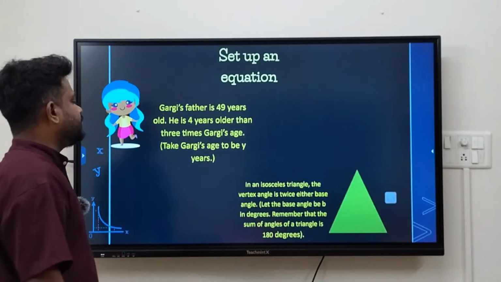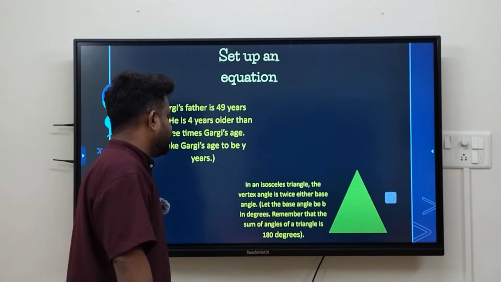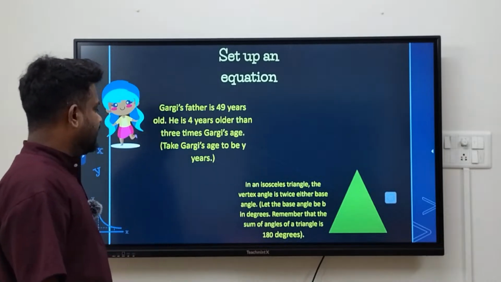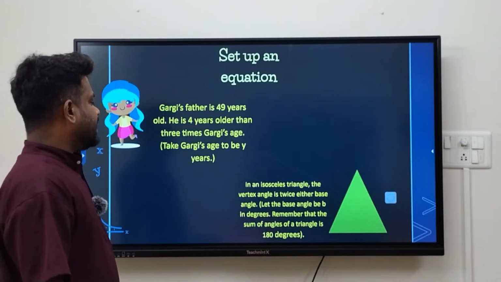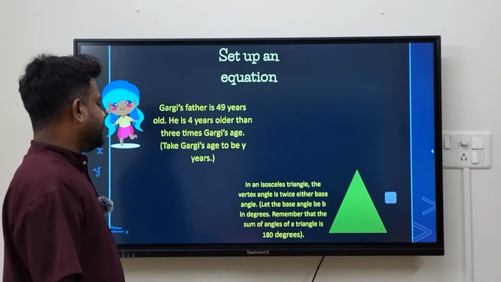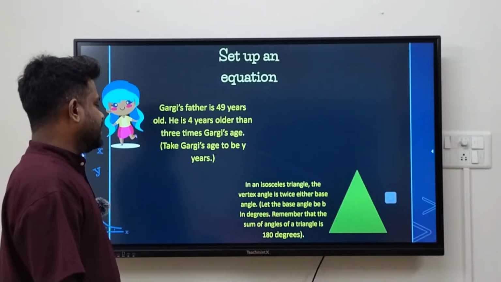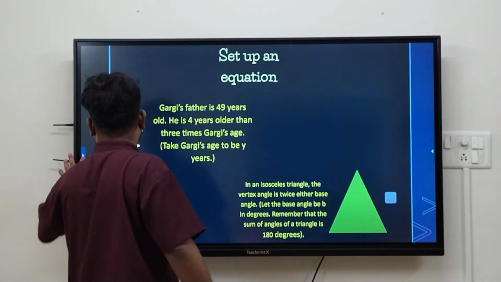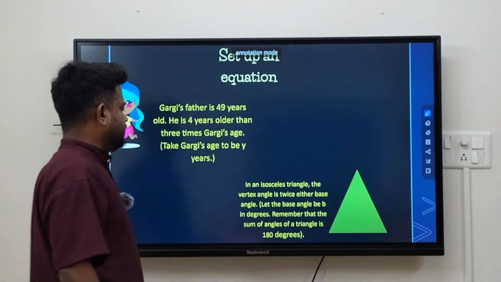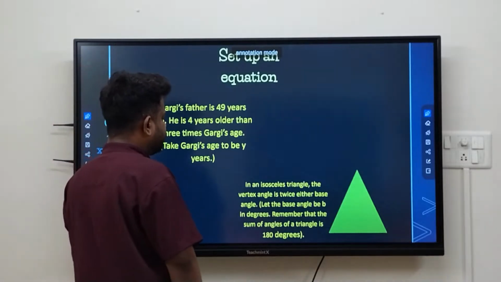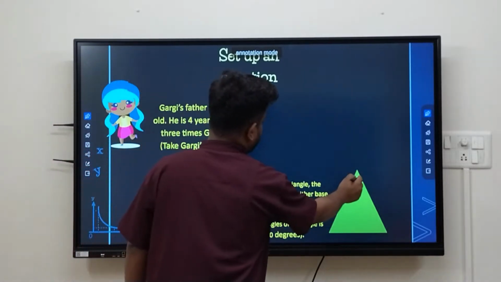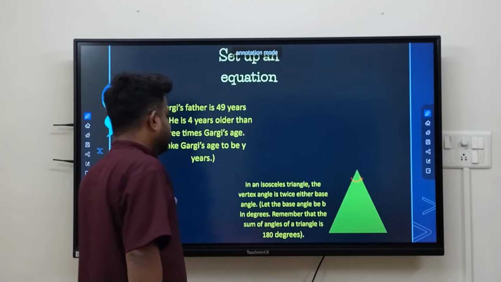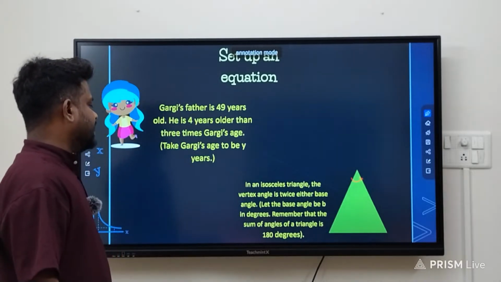In an isosceles triangle, the vertex angle is twice either base angle. Let the base angle be b in degrees. Remember that the sum of angles of a triangle is 180 degrees. I am just writing down the equation and you can solve this question by yourself. So in an isosceles triangle, the vertex angle, which is this one, is twice either base angle.